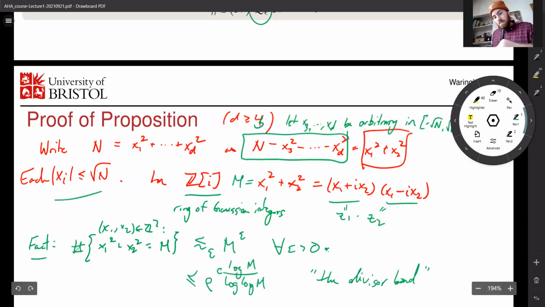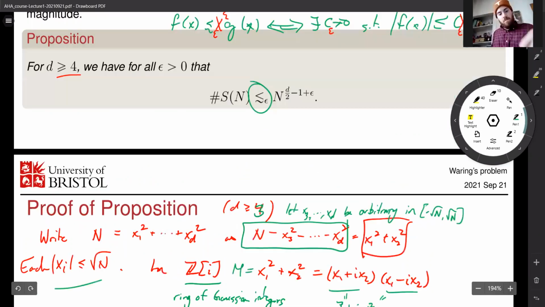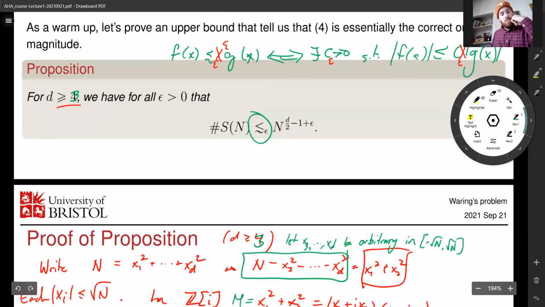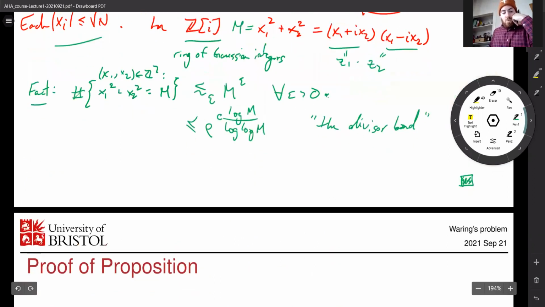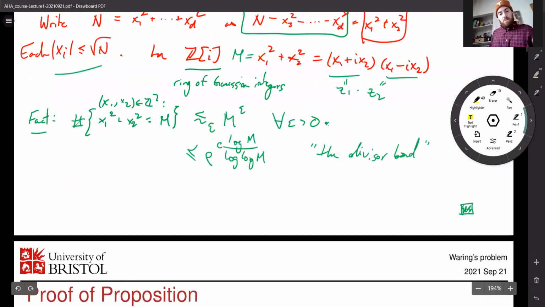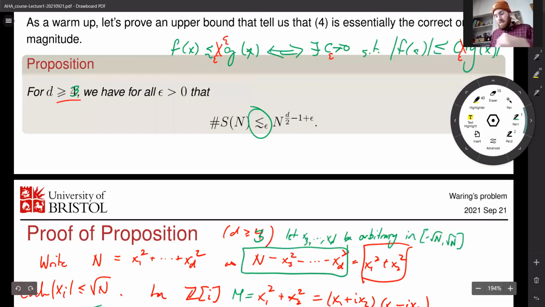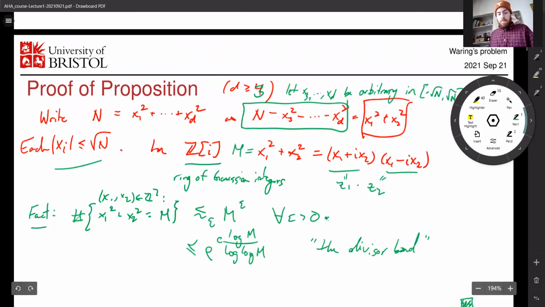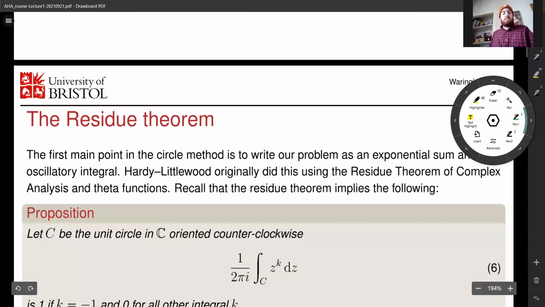Yes, it does. Sorry, so this gave us a very swift proof, just using something about Gaussian integers, showing that the volume of this arithmetic sphere is bounded by what we expect it to be from above. Okay, or almost that at least.